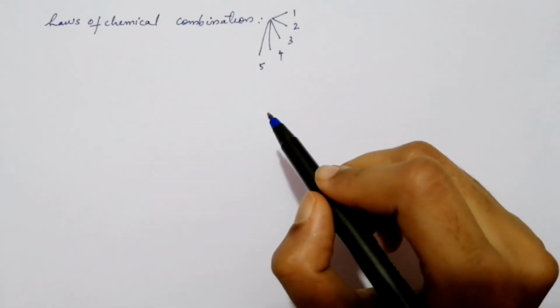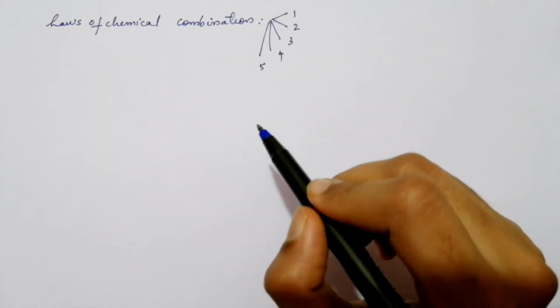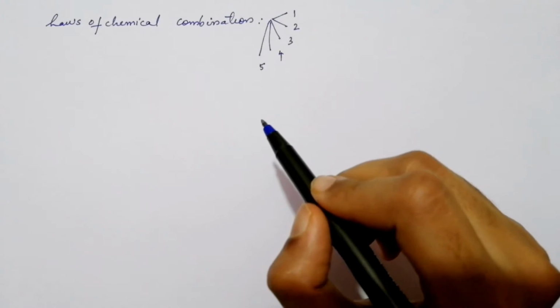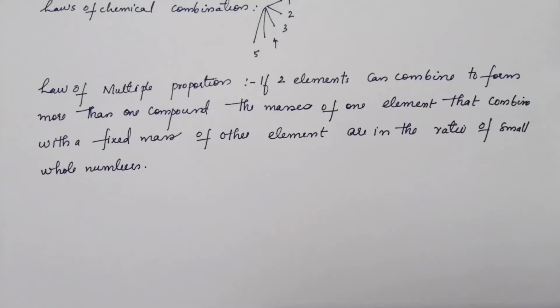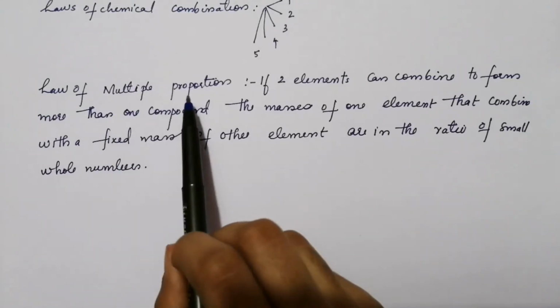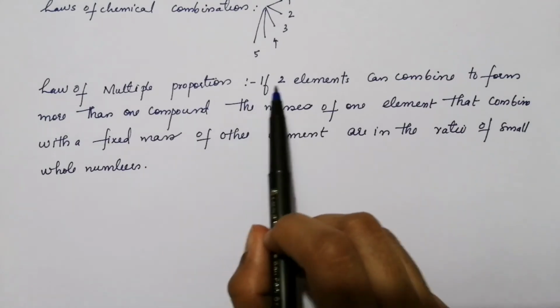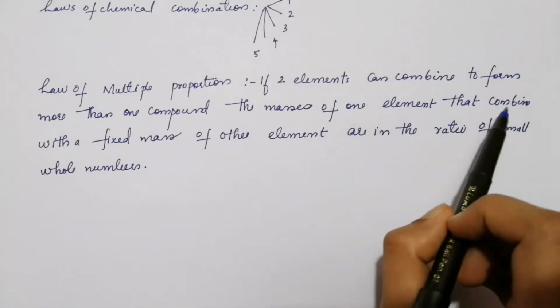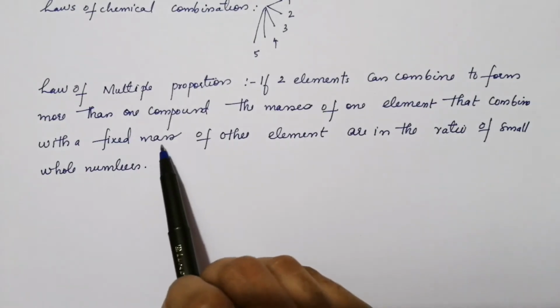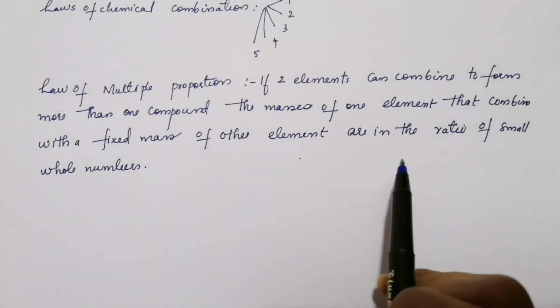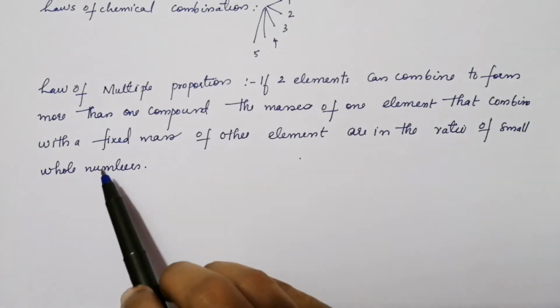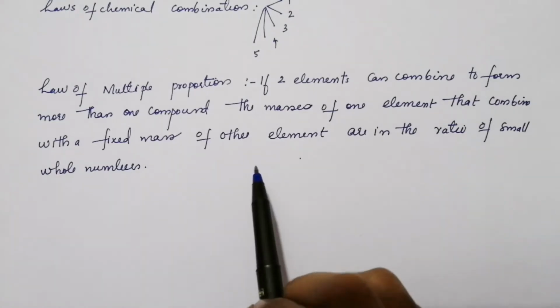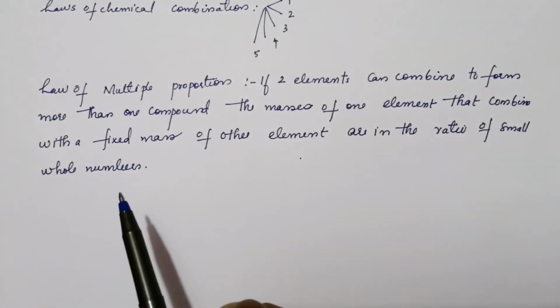So here we know it is following the law of multiple proportion. Let us see what is this law of multiple proportion. So the law of multiple proportion says, if two elements can combine to form more than one compound, the masses of one element that combined with the fixed mass of other element are in the ratio of small whole numbers.